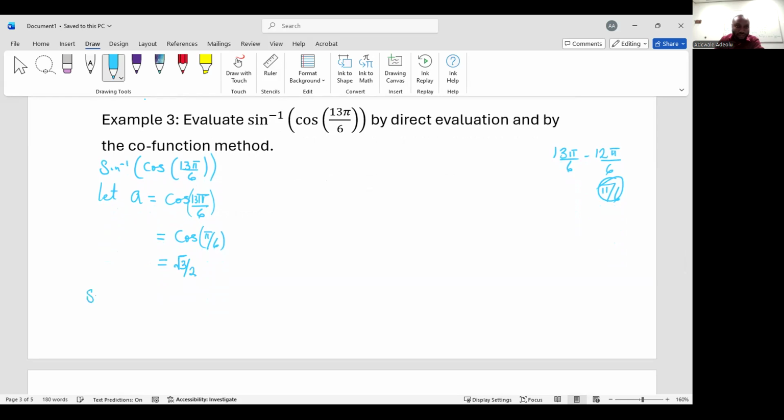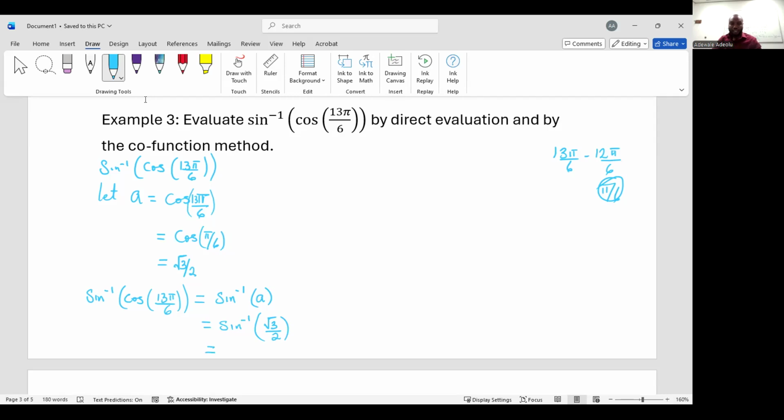So we have sine inverse of cosine of 13 pi over 6 being the same as sine inverse of cosine pi over 6, which is my A. So now I have sine inverse of A, and our A now is square root of 3 over 2. Let us do what we have been doing.